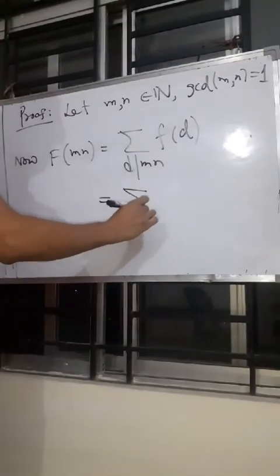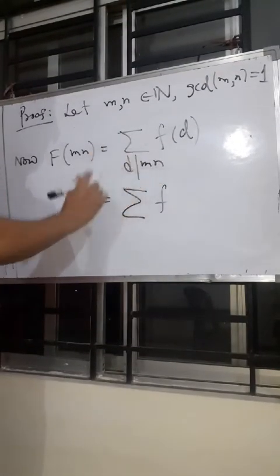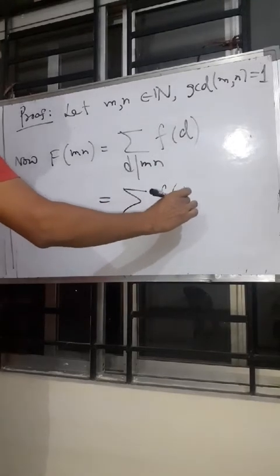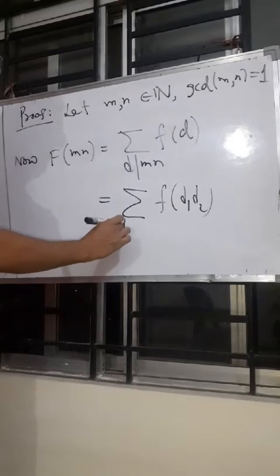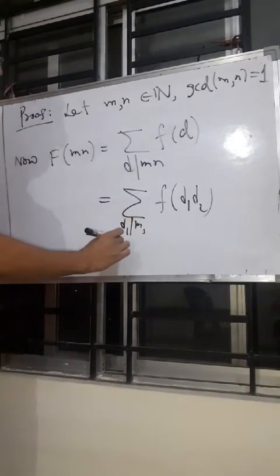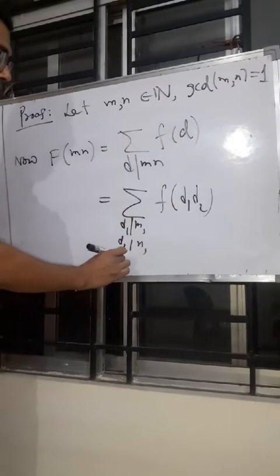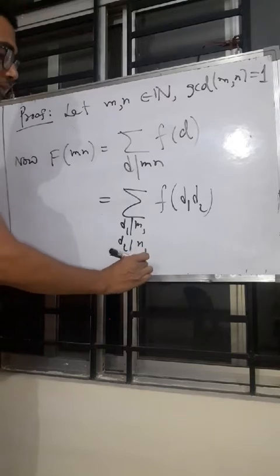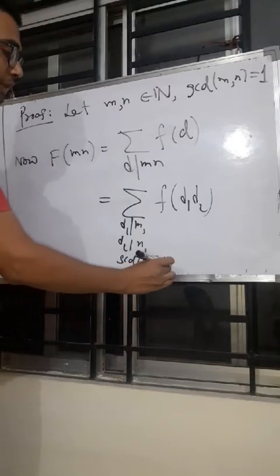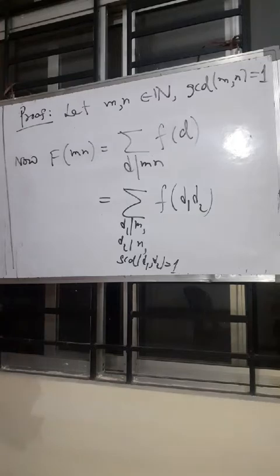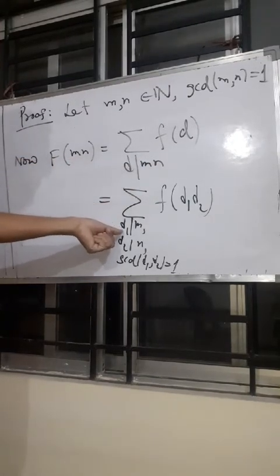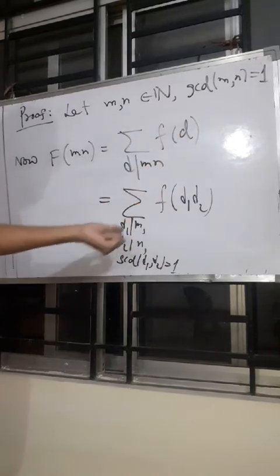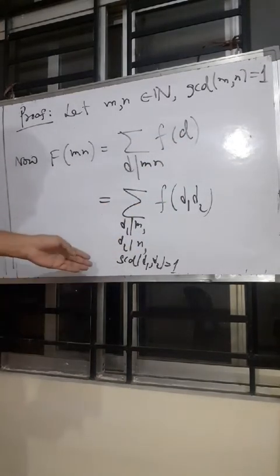So d divides mn. d divides mn means what? d is d1 d2, where d1 divides m, d2 divides n, and GCD of d1 d2 is 1. So d must be equal to d1 into d2, and this comes from the previous result.